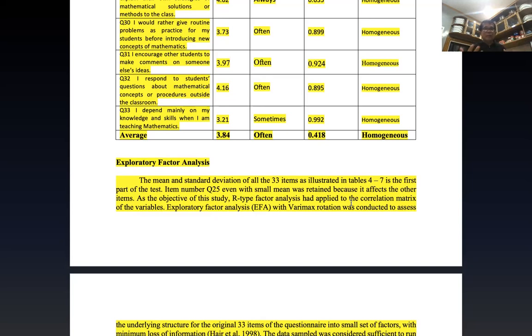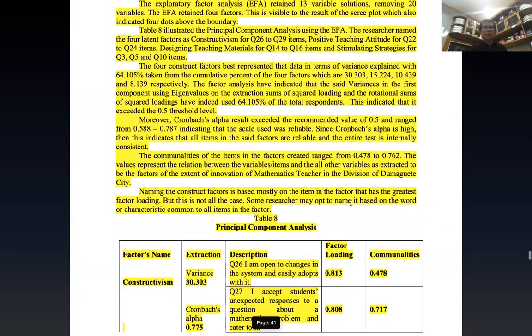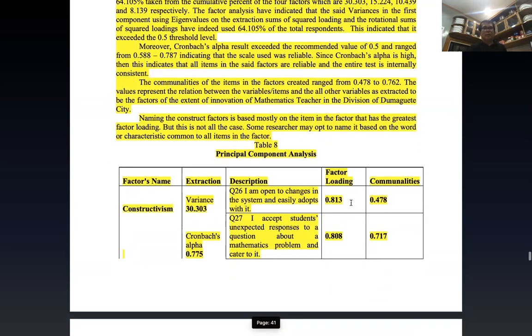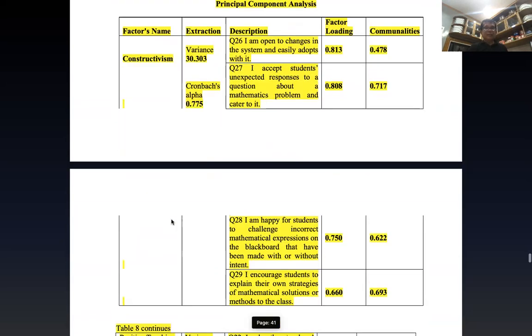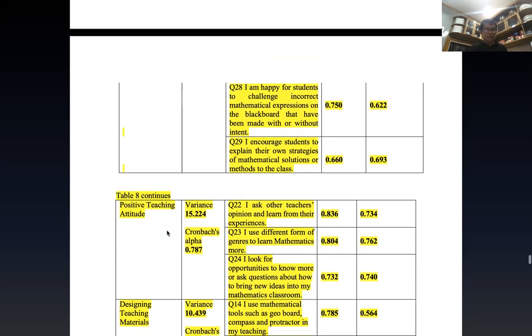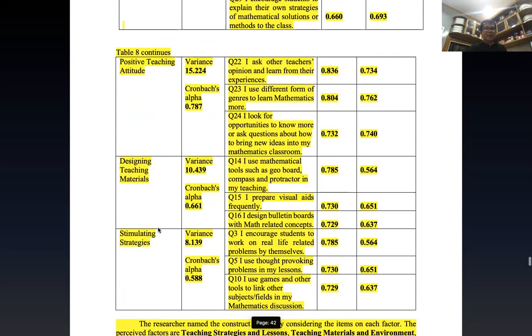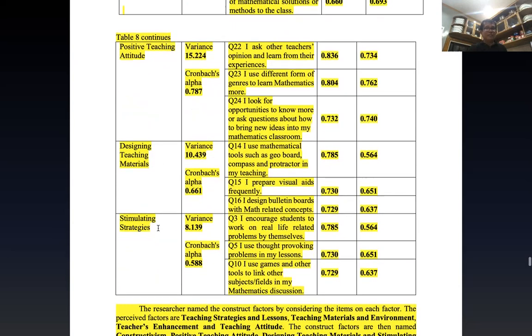So we look into exploratory factor analysis, looking into the principal component analysis as found in table 8. So we have factors named: constructivism, then followed by positive teaching attitude, followed by designing teaching materials, then stimulating strategies.